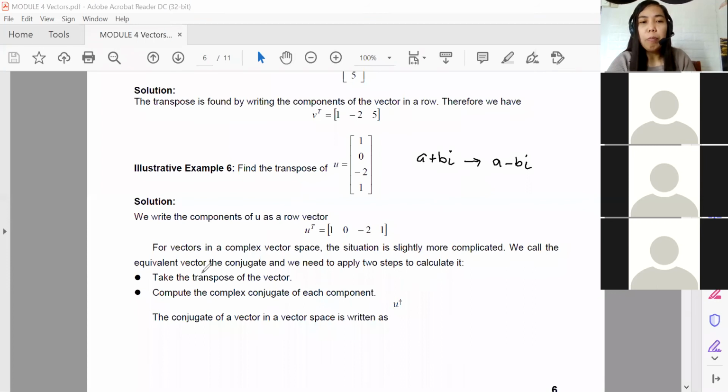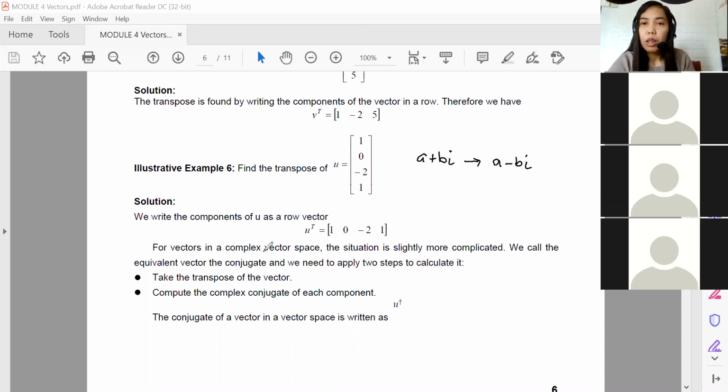So just remember, get the transpose and then the conjugate of each component. This is the symbol. Magkaiba ang symbol ng transpose sa complex conjugate. Itong cross na to is for Hermitian, right? Kaya ganyan pa din yung symbol.